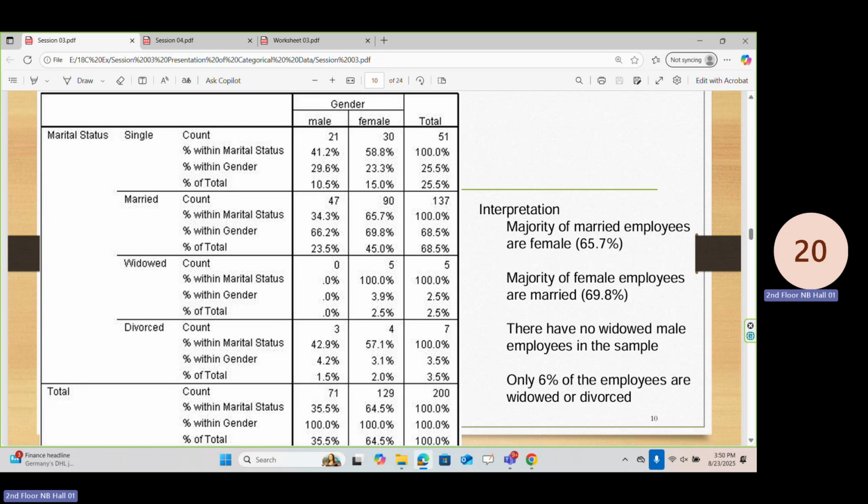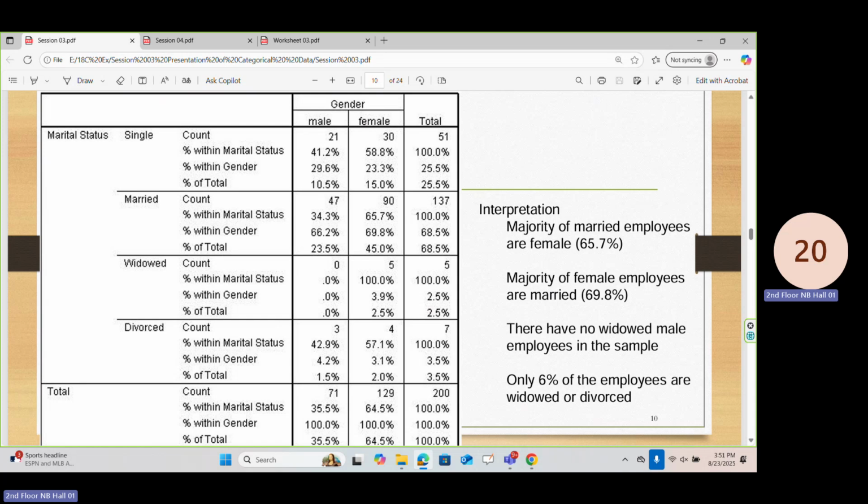It means they identify how many single employees are there. Then calculate out of that how many males and how many females. Now here, then tell me total number of single employees are there. How many single employees are there? 51. Then 21 are male, 30 are female.